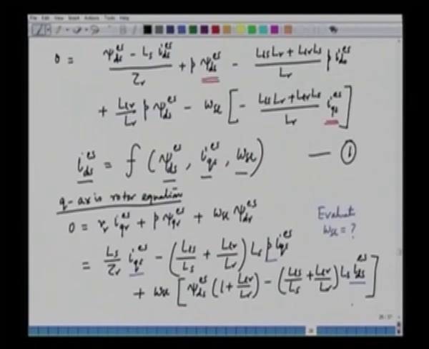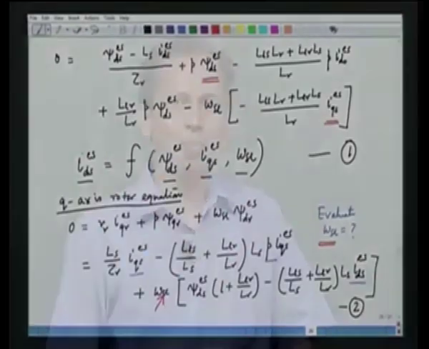And the second equation gives us the expression for the slip speed, so from this we can evaluate the slip speed. We can use these two equations to implement stator flux oriented vector control, so we can see how it is implemented.